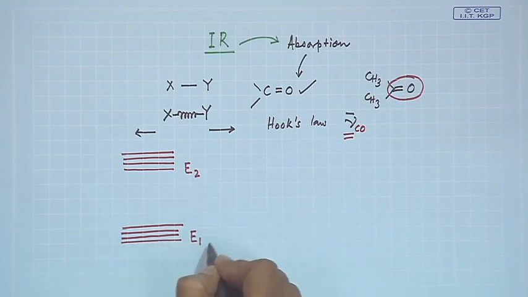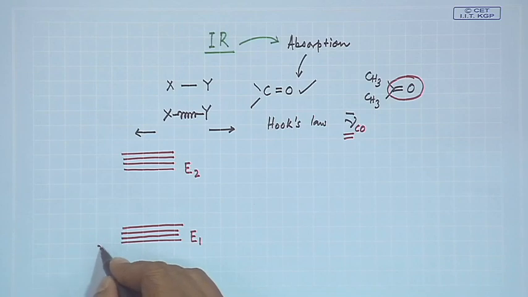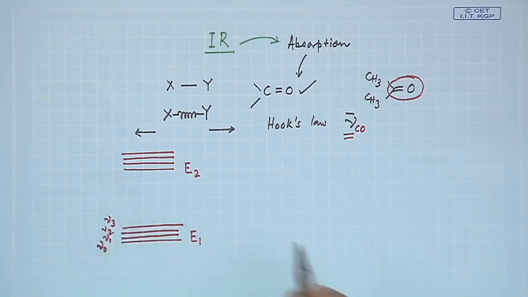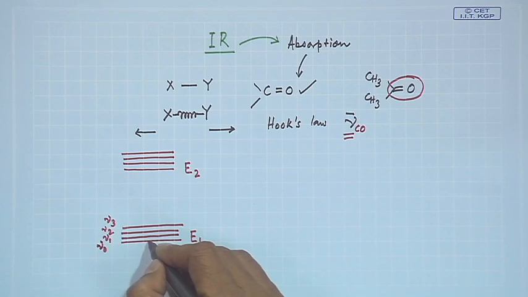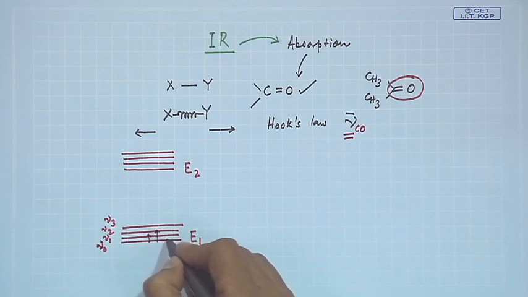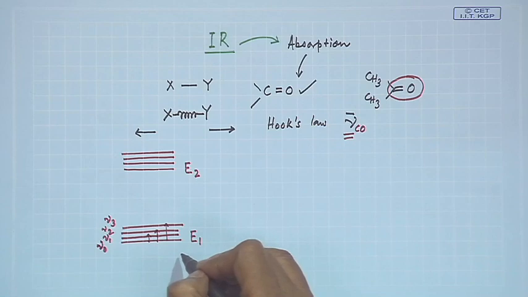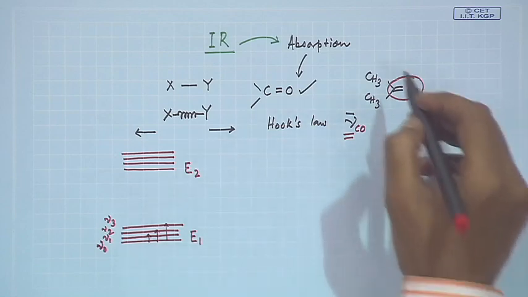So, within one electronic level we have the corresponding V0, V1, V2 and V3. These are the corresponding vibrational energy levels, and we can have the absorption from V0 to V1, V0 to V2 and V0 to V3, and all these different energy values can be absorbed by a typical molecular species.